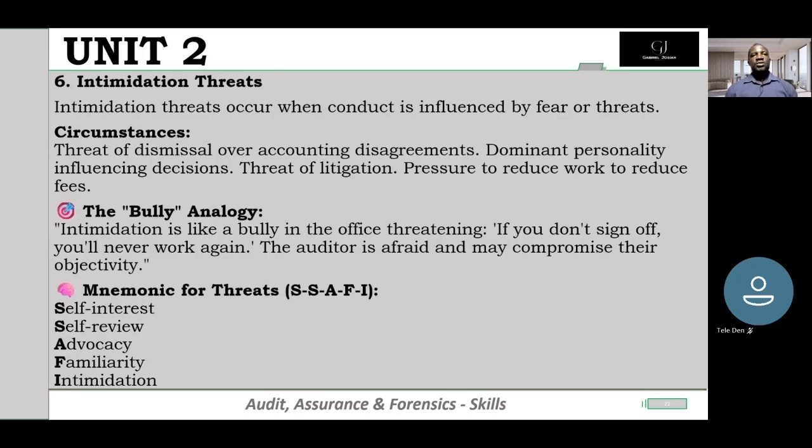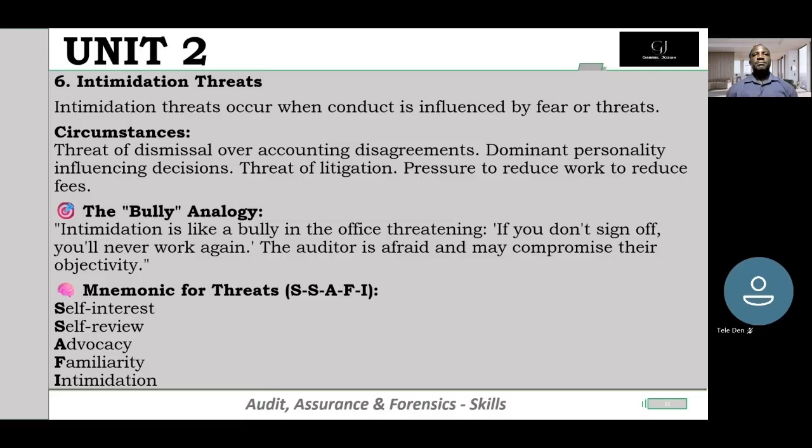Finally, we have intimidation threat, where conduct is influenced by fear or threats. What are the circumstances? We have threat of dismissal over accounting disagreements, a dominant personality influencing decisions, threat of litigation, and pressure to reduce work and reduce fees.